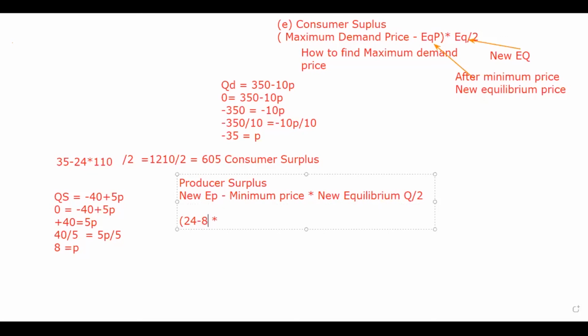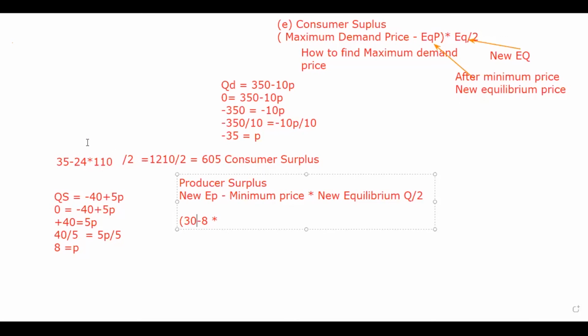Sorry, I made a small mistake, because this is producer surplus. Producer surplus is not going with the amount the consumers are willing to pay. Producers are getting 30 rupees because the government is giving producers 30 rupees, whereas consumers only agreed to pay 24 rupees. That's the reason we went with 24 rupees for consumers, whereas for producers we didn't go with the 24 rupees market price.